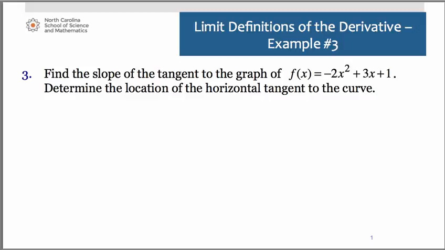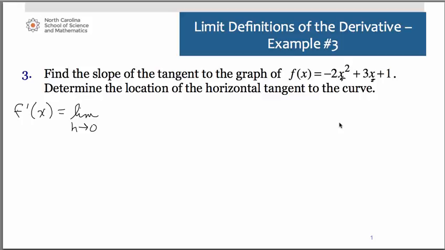That's the one with the h in it, you will remember. So we're trying to find f prime of x, going to be the limit as h approaches 0. Now for the numerator, remember the first part is f of x plus h. So into each of these x's here, you need to substitute x plus h.